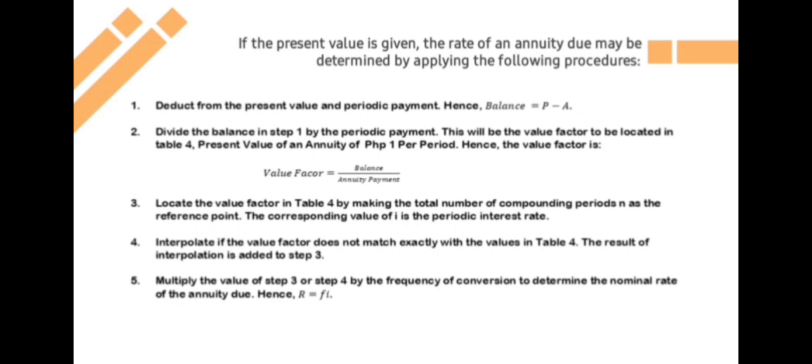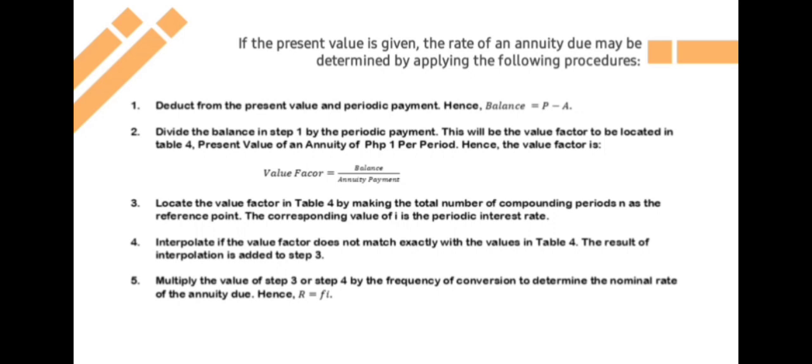First, deduct from the present value the periodic payment. Hence, balance is equal to P minus R. Next, divide the balance in step 1 by the periodic payment. This will be the value factor to be located in table 4, the present value of an annuity due of 1 per period. Hence, the value factor is equal to balance divided by the annuity payment.